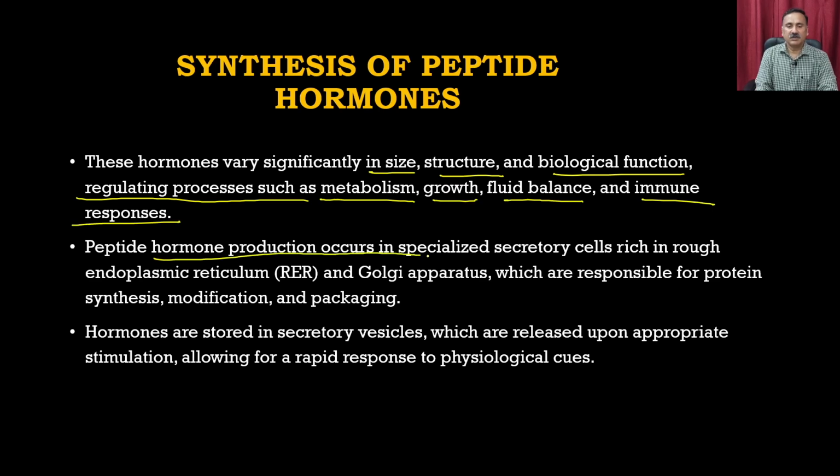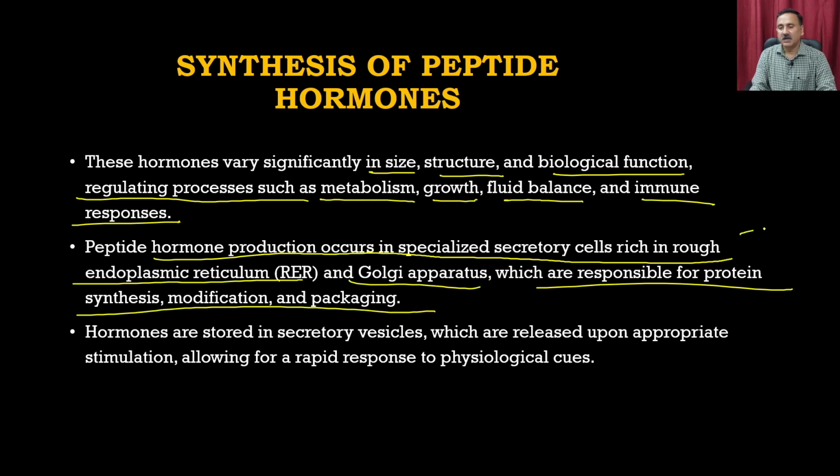Peptide hormone production occurs in specialized secretory cells rich in endoplasmic reticulum and the Golgi apparatus, which are responsible for protein synthesis, modification and packaging. Remember when we were discussing intracellular trafficking and cellular structures, you have seen that the endoplasmic reticulum, Golgi bodies and lysosomes are the three organelles which are very active in regulating cell secretions, right?